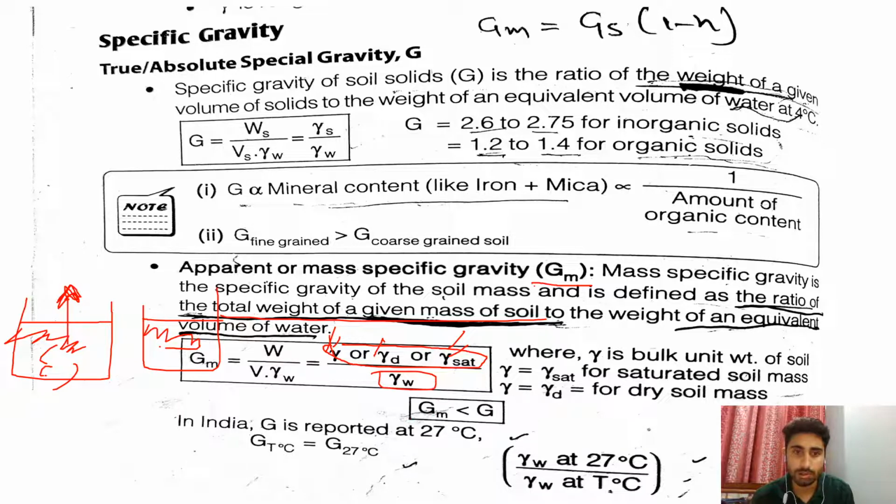Also, apparent or mass specific gravity is always less than true or absolute specific gravity. Why is it so? Because mass unit weight, whether it is bulk, dry or saturated unit weight, is always less than unit weight of soil solid. These specific gravities are measured at 27 degrees Celsius, which is room temperature.